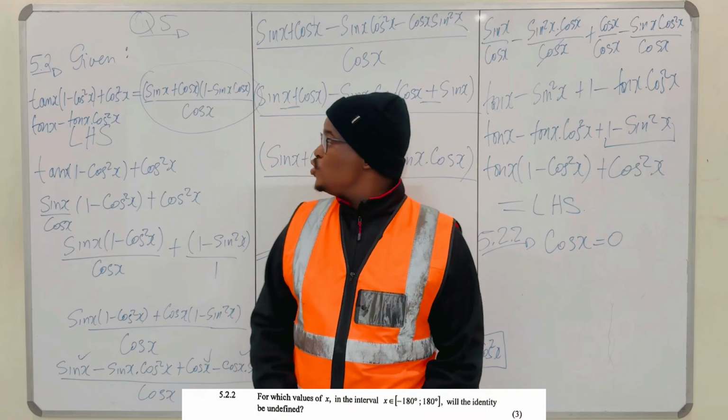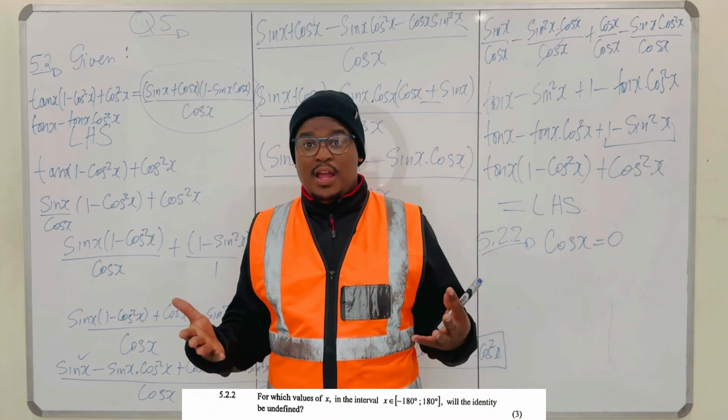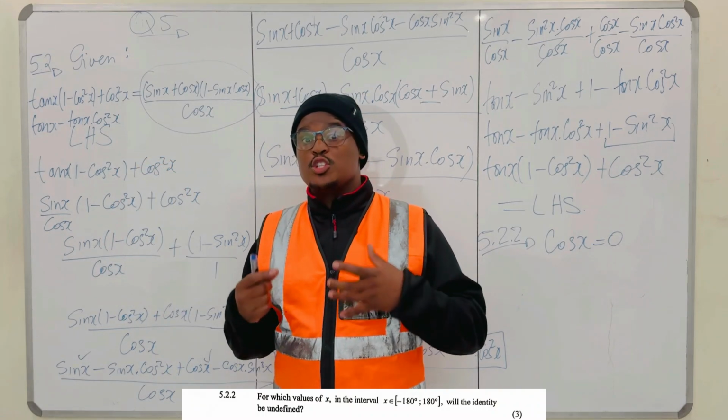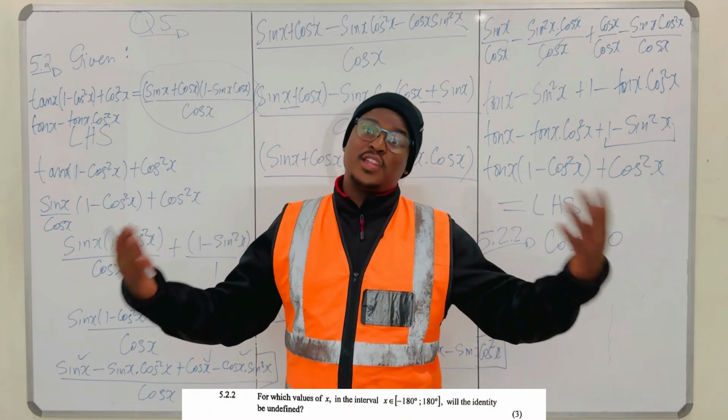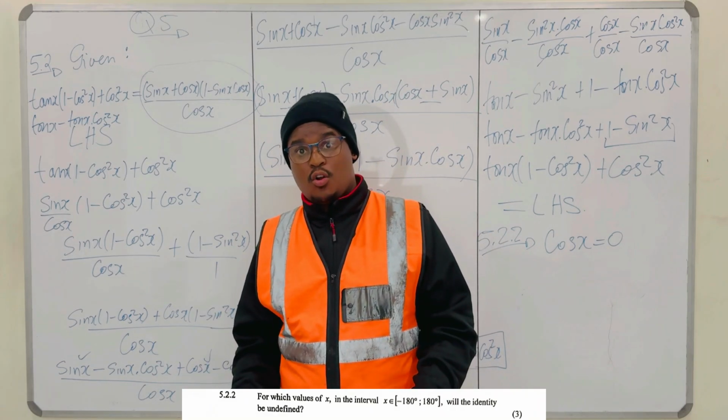Which means the first condition is that your cosine of x should be equal to 0 if you want this thing to be undefined. Then go and find those specific values of x which give you cosine of x being 0.